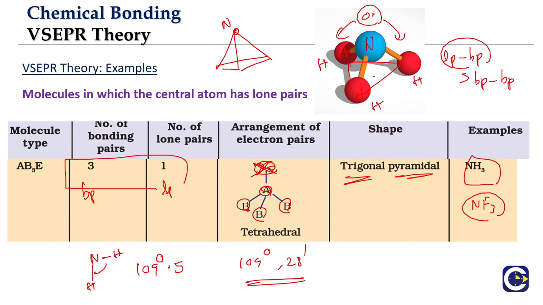As a result, these bond pairs will come a little bit closer since the lone pair is more repelling. So in ammonia, the nitrogen hydrogen bond angle will be less than 109 degrees 28 minutes. In fact, it will be somewhere around 107 degrees.